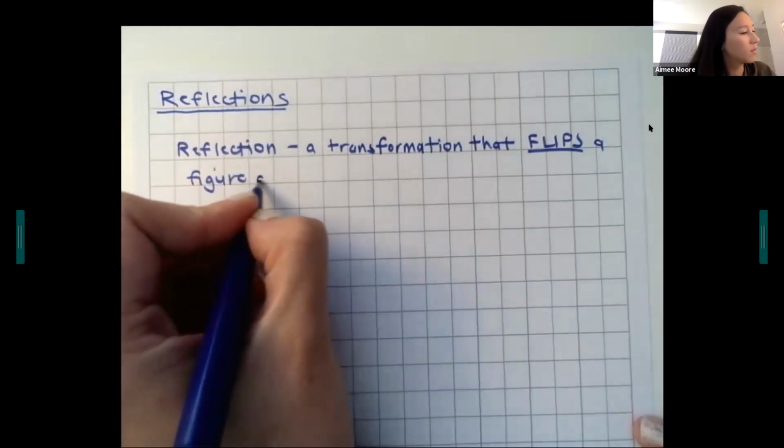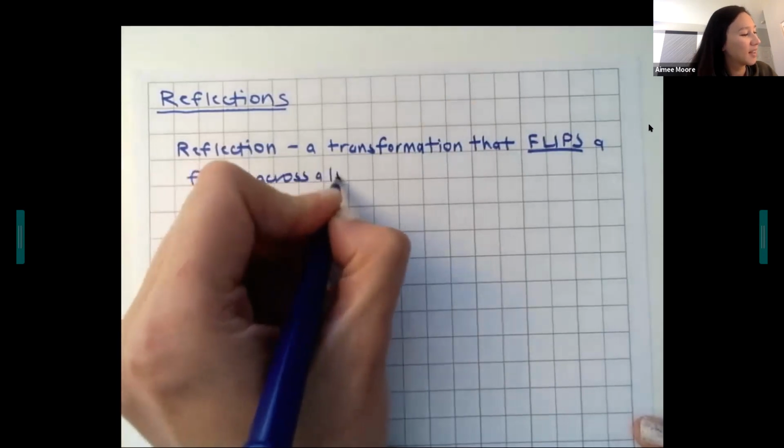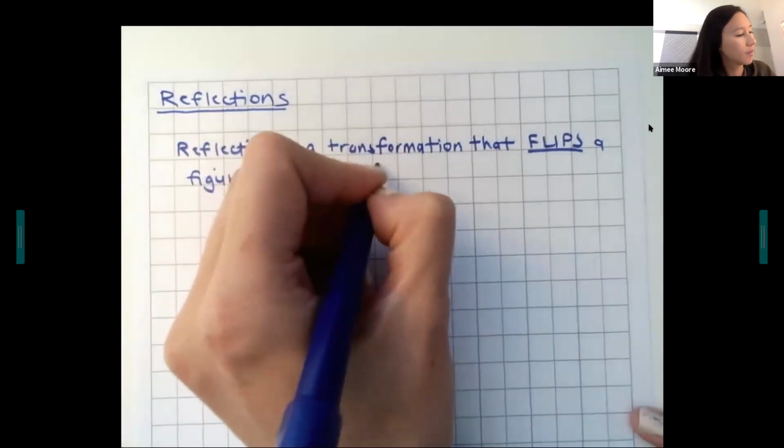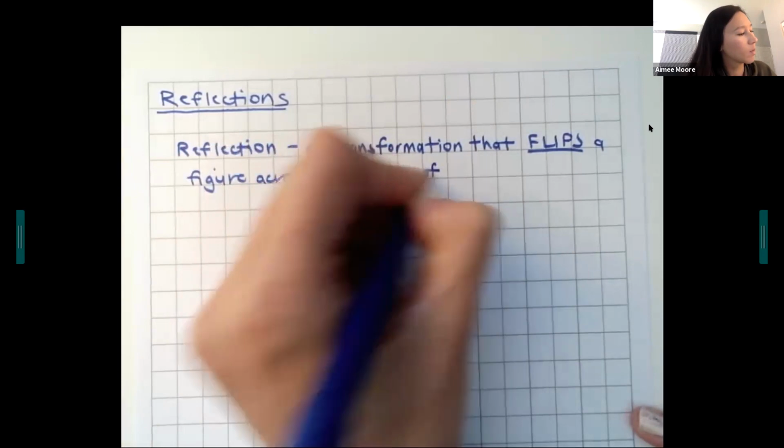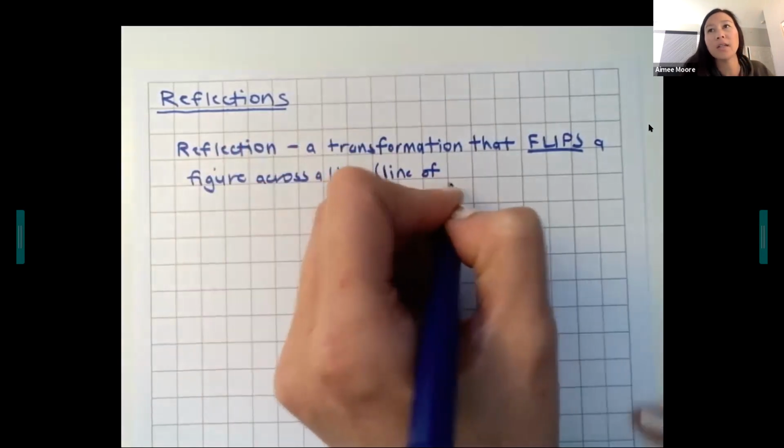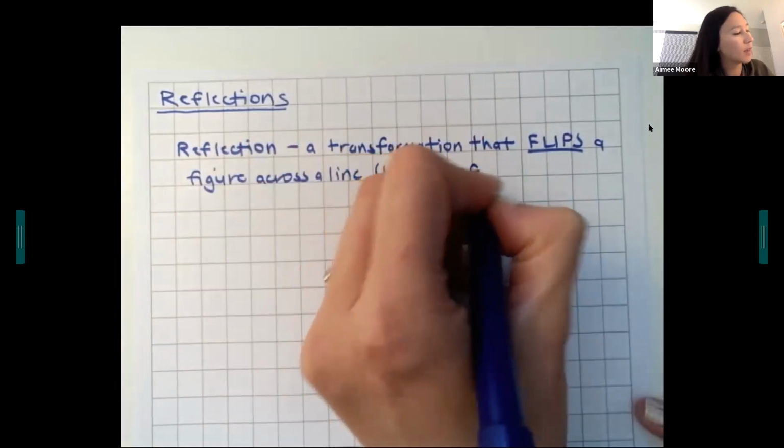And that line that we flip it across is called the line of reflection.